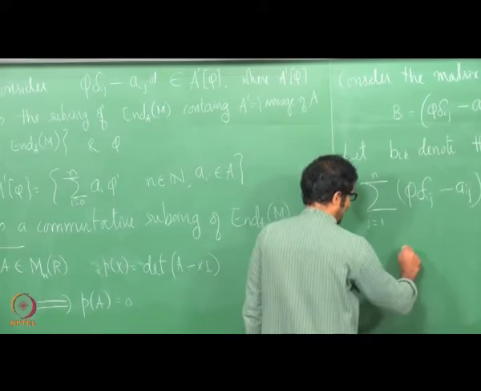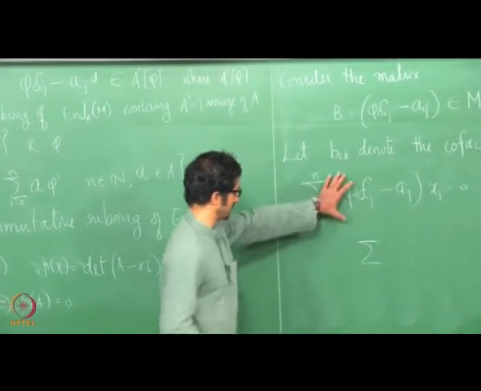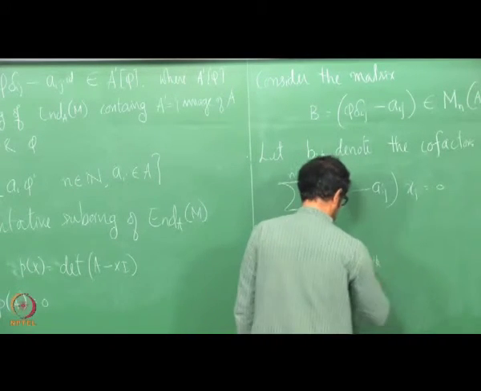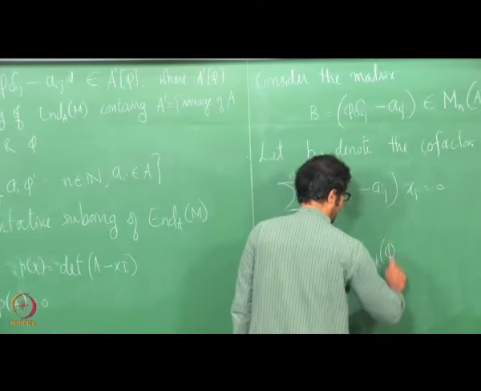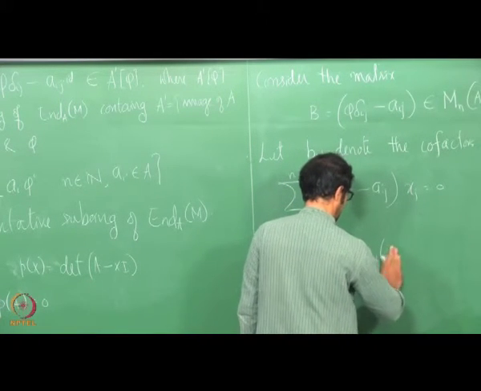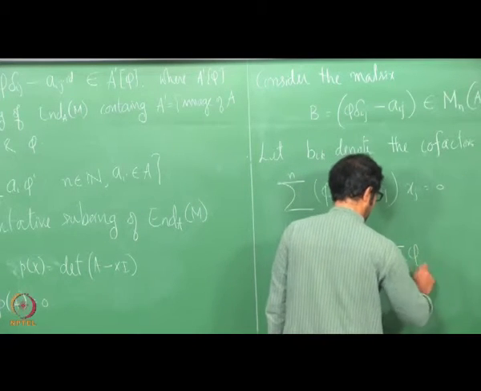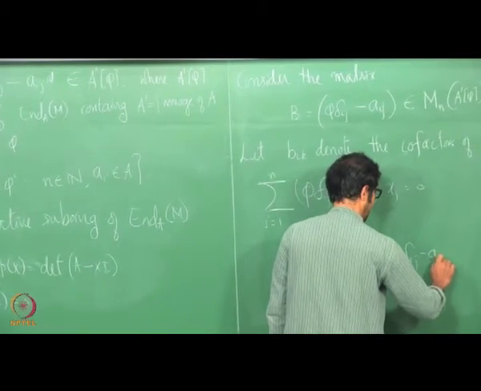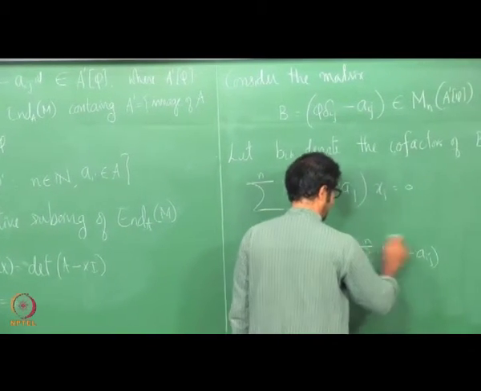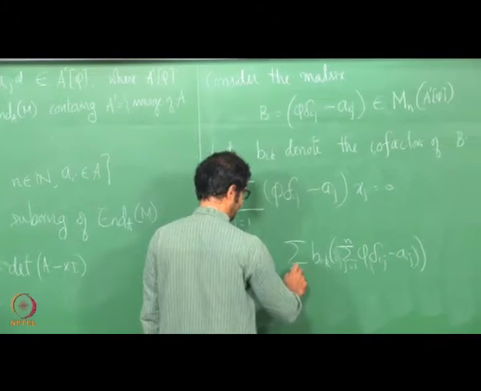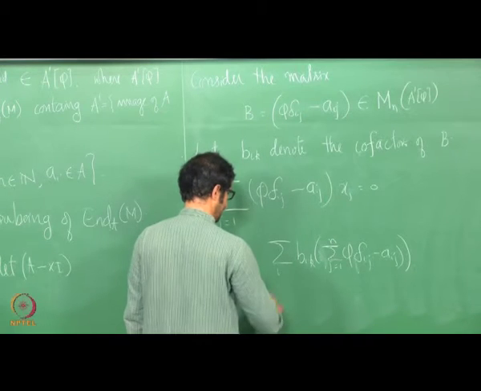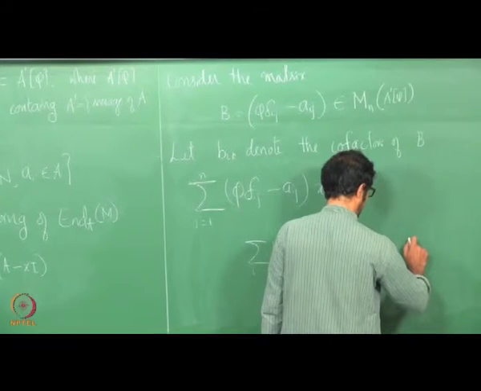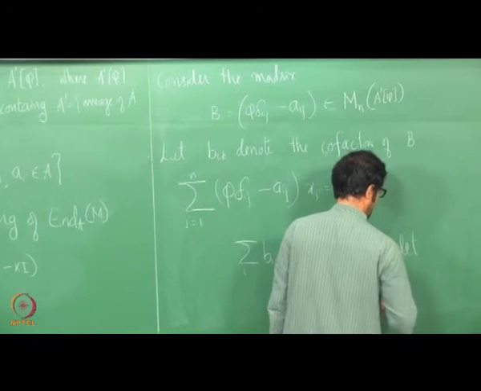If I look at this, I take these cofactors B_ik, multiply with (φ δ_ij minus a_ij), and take the summation over all i, this will turn out to be equal to the determinant.